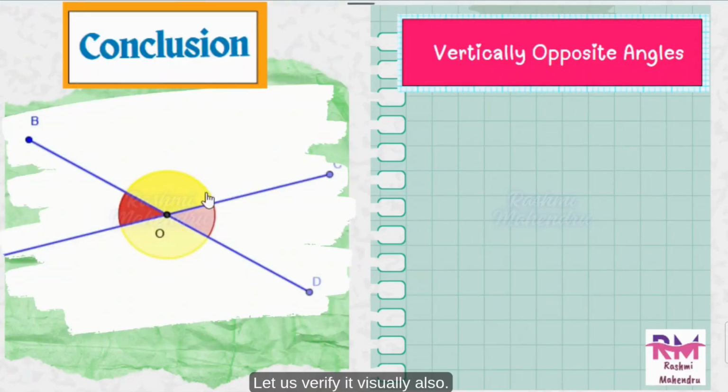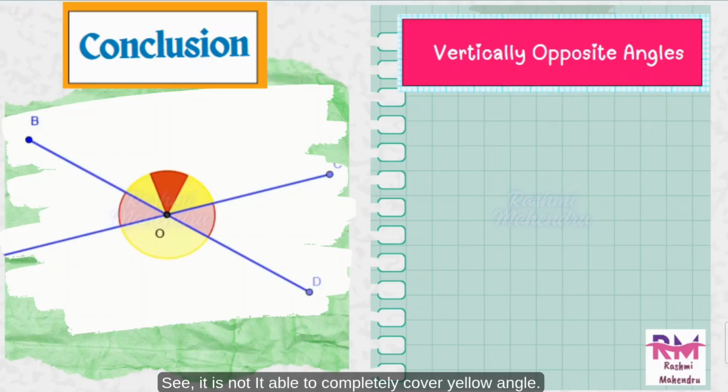Let us verify it visually also. You can see when 2 lines or their segments intersect, 4 angles are getting formed. And we have established the relationship visually. Let us now try to overlap the red angle on the red angle. See, it is not able to completely cover the yellow angle, but when it is superimposed on the red angle, you will see that it is completely covering it.